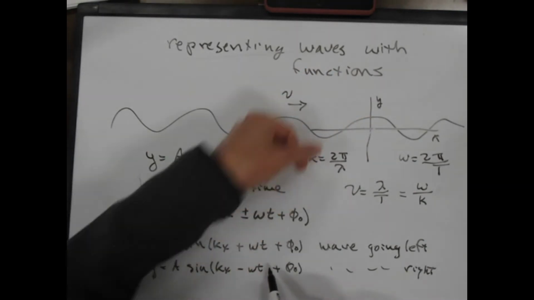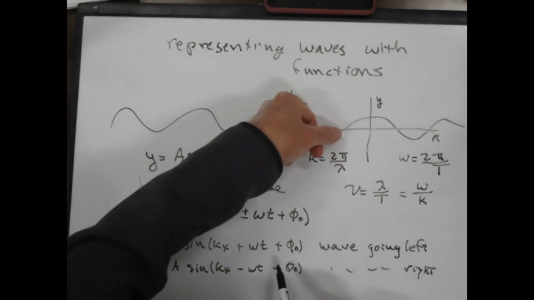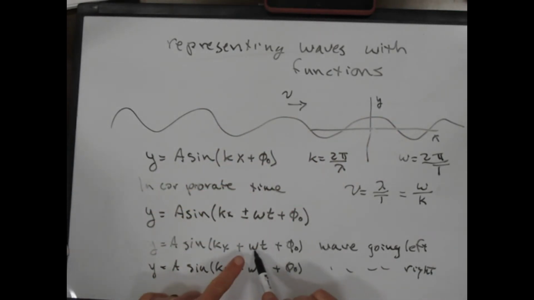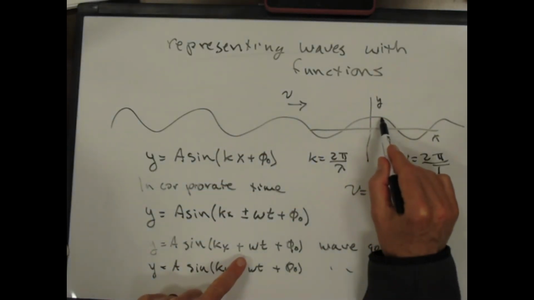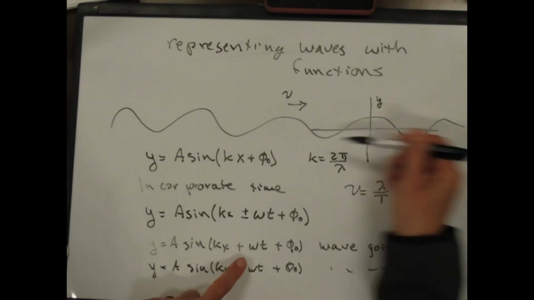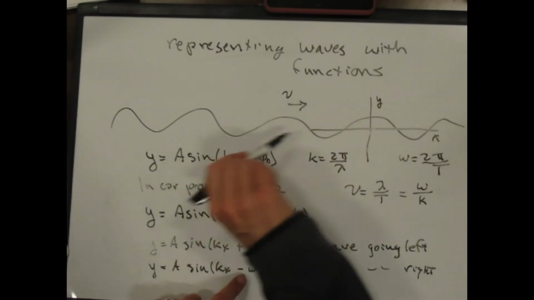And so when I put a minus sign in here, these guys are going to be moving towards the origin this way, and so my wave's moving to the right. In the same way that if I have a plus omega t, as time increases, the things that are going to be at x equals 0 are going to be to the right. And so this will be a wave moving to the left, and this guy will be a wave moving to the right.